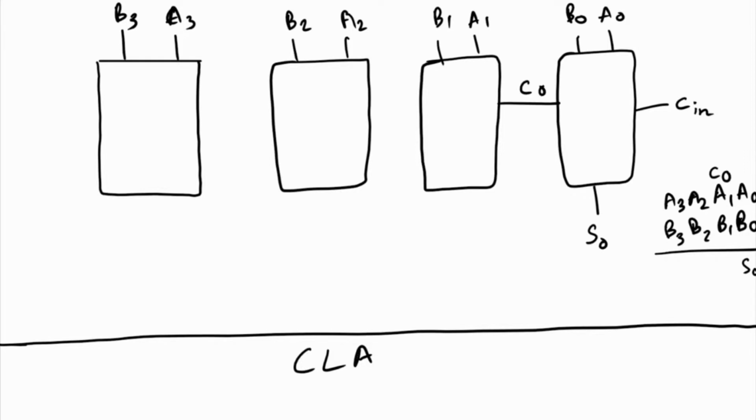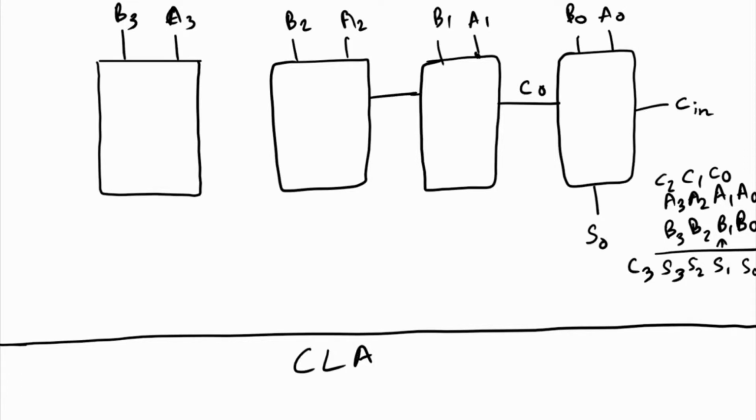I am attaching this C0 with the next full adder, because we need this in the addition of C0, A1 and B1. So now our sums will be S1, C1, S2, C2, S3, and finally C3.